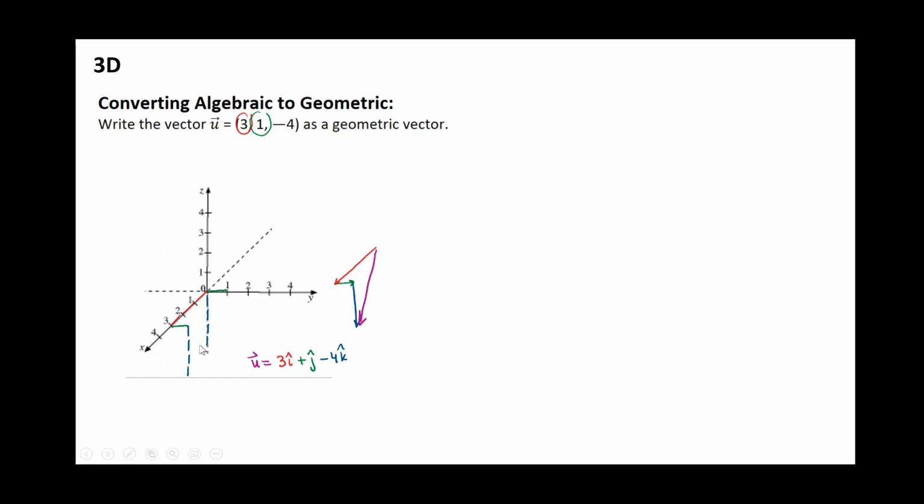This is the beginnings of a box. I'd like you to finish that box, like so. After the box is drawn, you're going to draw the vector from the origin to the opposite corner, where you would go first outwards to the right and then down. So that is where the arrow would be of the resultant vector.